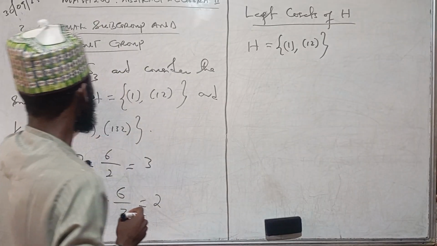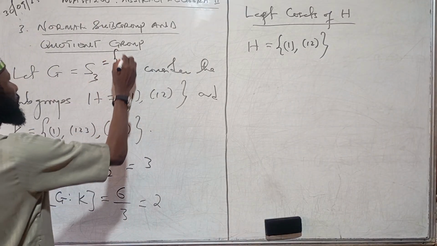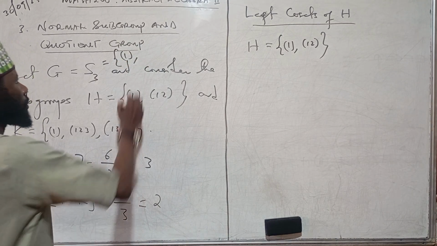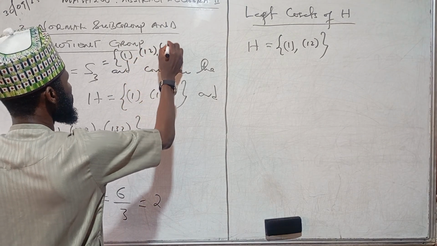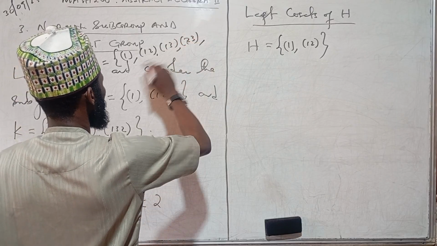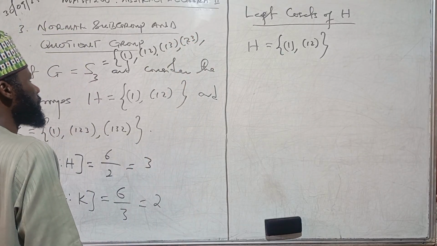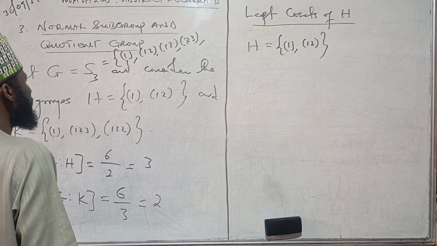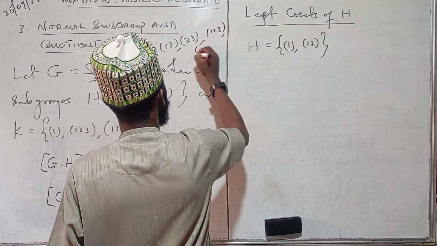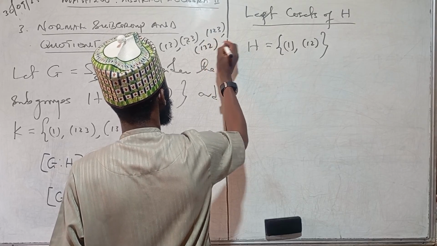So we look inside S3. How many elements are there? 6 of them, 3 factorial. So we have 1, (1 2), (1 3), (2 3), (1 2 3), and the last one is (1 3 2).